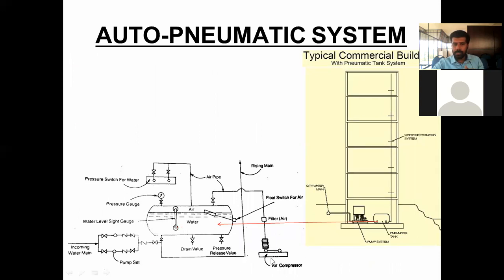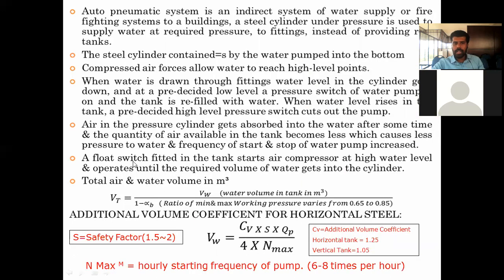The air compressor starts. The float switch fitted in the tank starts the air compressor at high water level and it operates until the required volume of water gets into the cylinder. So the air compressor will be working until the required volume of water gets into the cylinder.